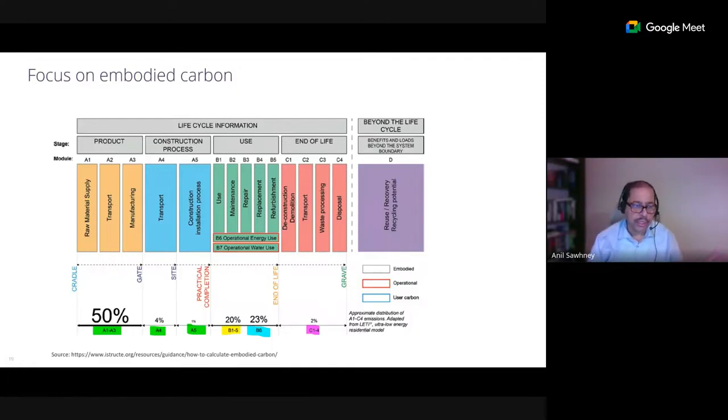But again, it's pretty straightforward. If you're running an excavator for 200 hours, every hour there is this much emission, you multiply it by 200, and let's say you're using 5 excavators on site over a period of 2 years, you will then be able to calculate your emissions. Make sense? Yes, sir.